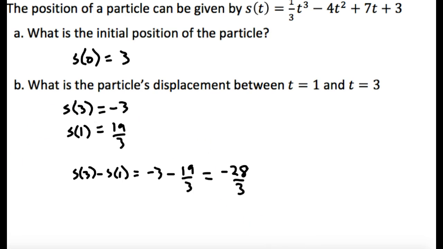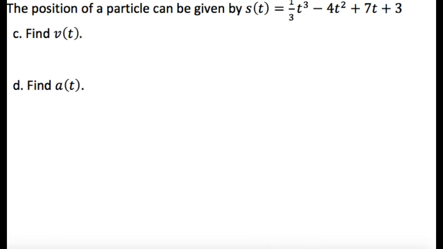So parts C and D want us to just find velocity and acceleration functions. If this is my position function, velocity is the derivative of position. So s prime of t will be my v of t. I'm just taking my derivative. 3 times 1/3 is 1.